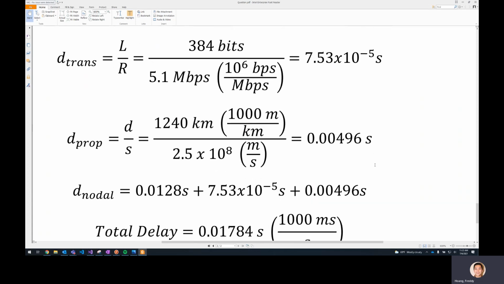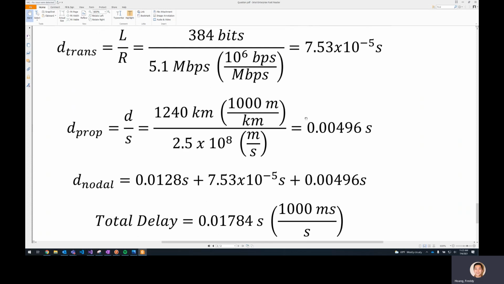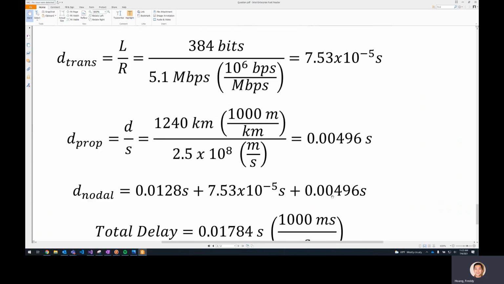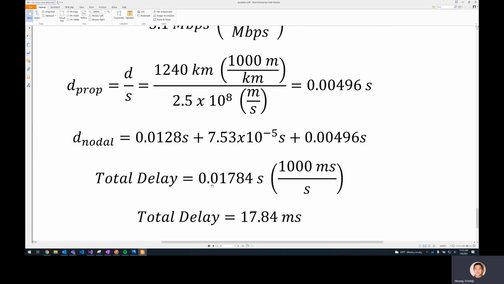And then to get your final answer, all you have to do is add all these values up together, and you'll get this in seconds, which is not really ideal, since the majority of the time we try to get rid of any leading zeros. So I multiplied by 1,000 to get this answer in milliseconds, since there's 1,000 milliseconds in a second. And then you get 17.84 milliseconds.